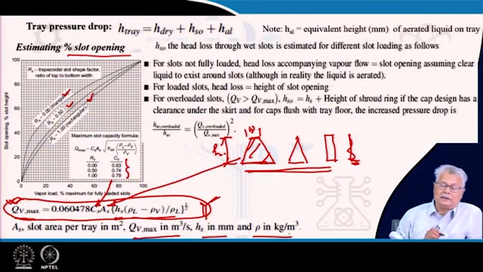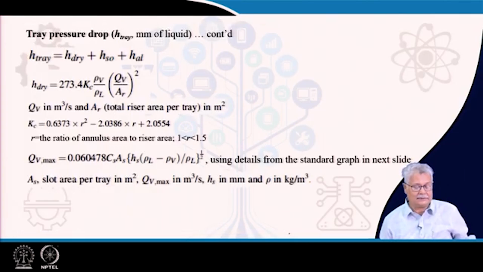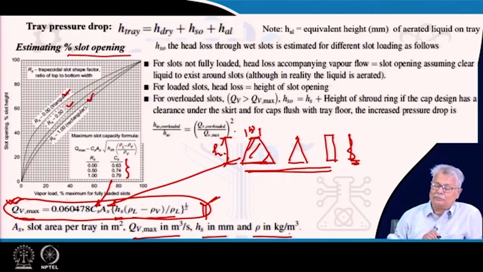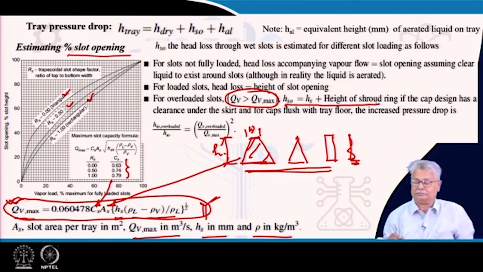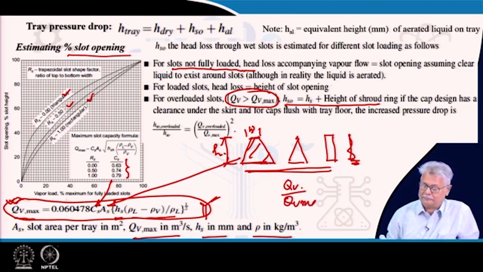Now, what I do here is I stop at this particular point, because with this it is possible for you to estimate the maximum vapor velocity, and based on this you have to first check whether your vapor slots are overloaded. If they are overloaded, this is the way you evaluate your slot pressure drop. For slots which are not fully loaded, you basically find QV divided by QV max.